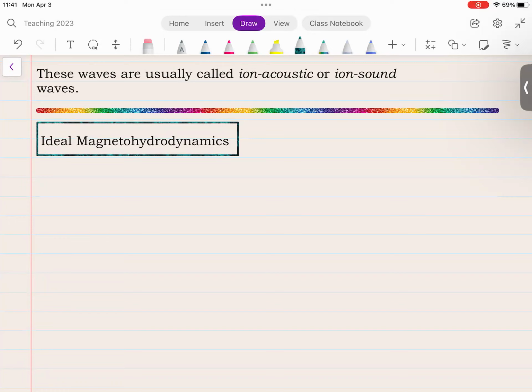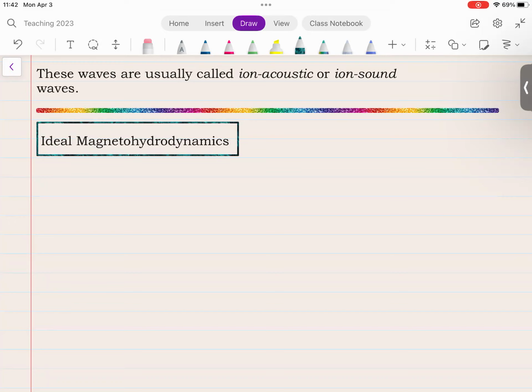But we'll just touch on some things, starting from the general set of equations that make up magnetohydrodynamics. And I'm going to start saying MHD to save some time now.